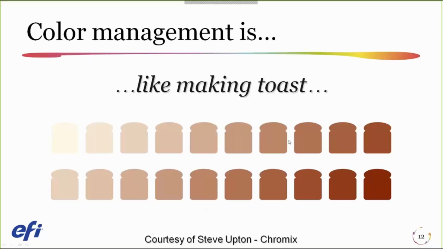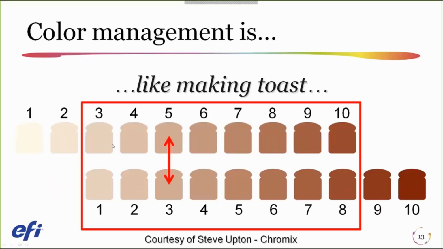But if you took the 10 slices of bread and measured them and put the density measurements into a file, and I did the same thing, we could then compare the two files and come up with, well, where does our toast match? Where is the common area of toast density? Also, what areas can't we hit? Can't we match? They're outside, we'll say, outside the gamut of the toaster. Well, this is what profiles do.